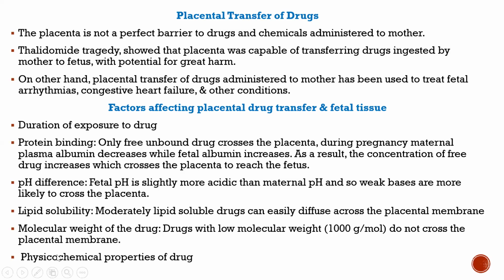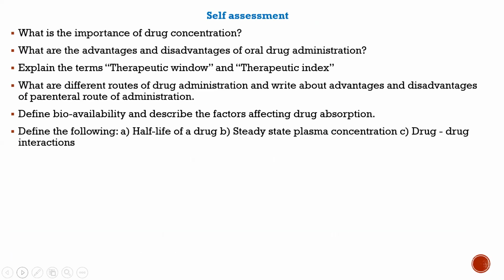There are also the physical and chemical properties of the drug, that's the makeup of the drug, how the drug is made, and then the permeability and every other factor that can affect placental drug transfer. So this is it about placental transfer of drugs from mother to child. It can be beneficial, while it can also be harmful.